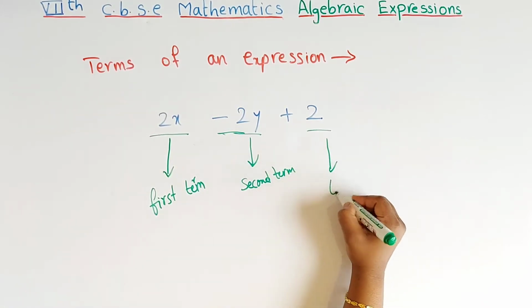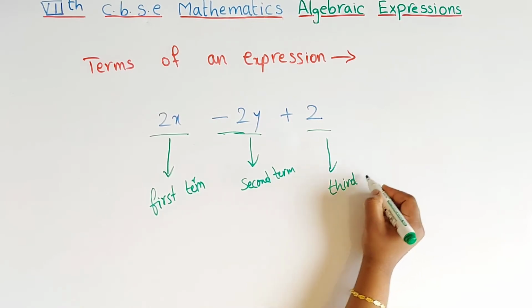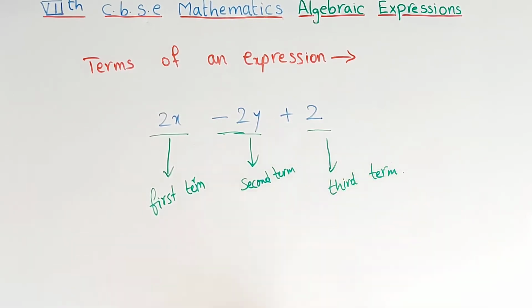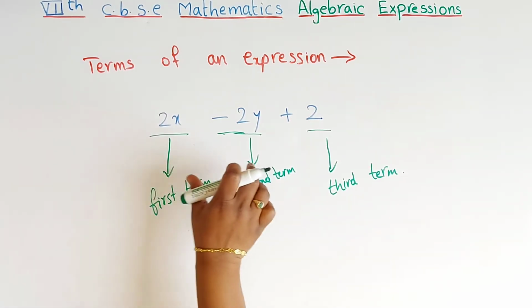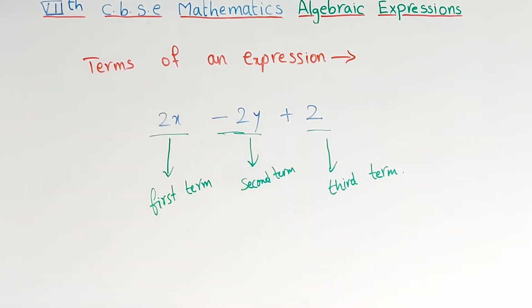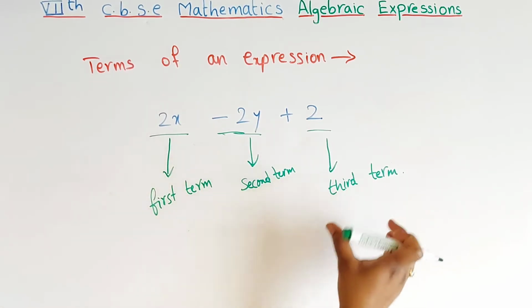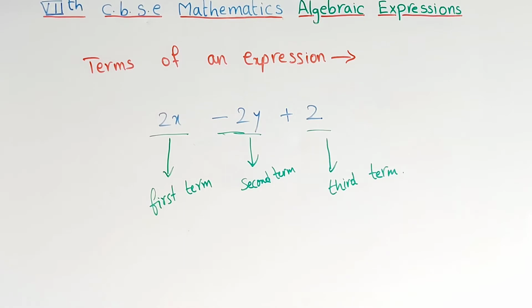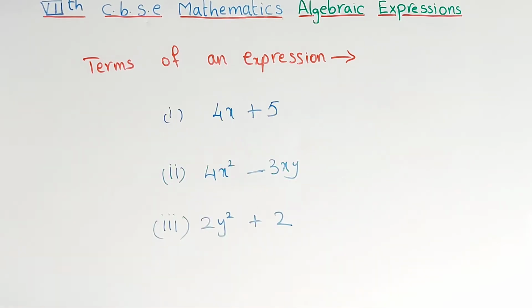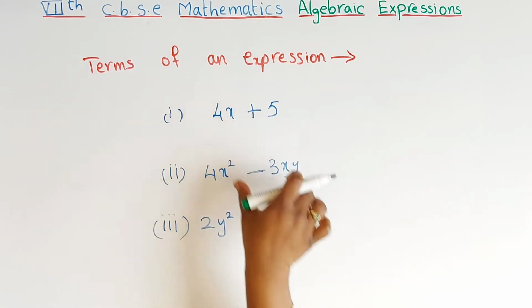And this is the third term. So these are the parts of an expression which are formed separately. First, second and third, so on. These are called terms, children. Terms are added to form an expression. Right?